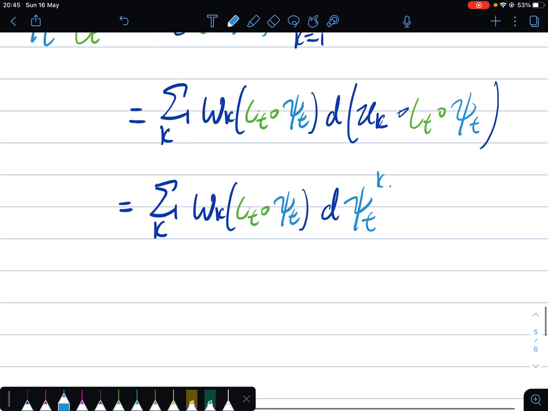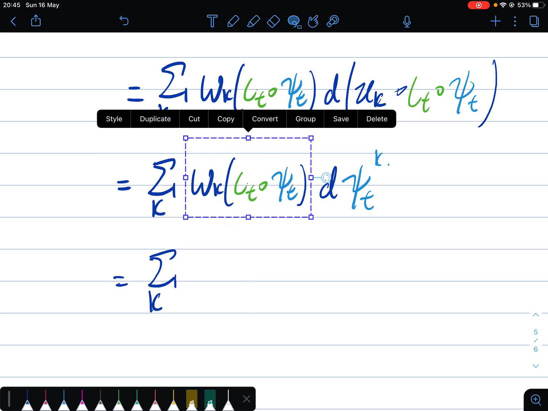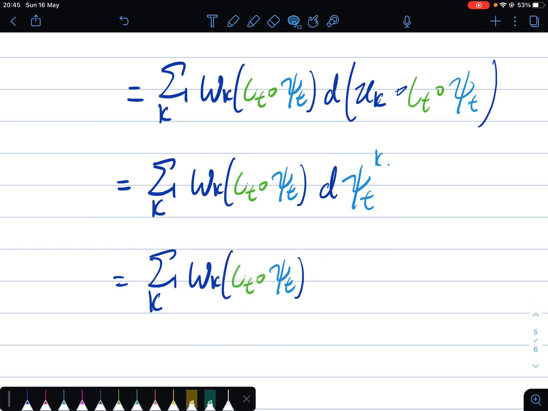And then by the chain rule we can find that this thing, under the chain rule, we can expand it out, and it becomes the phi_t of k, and d with respect to the u_j and du_j.